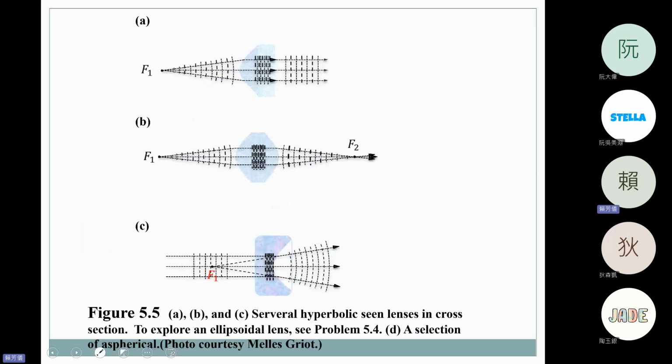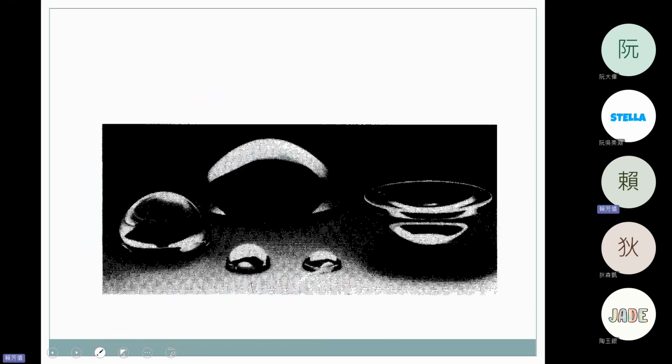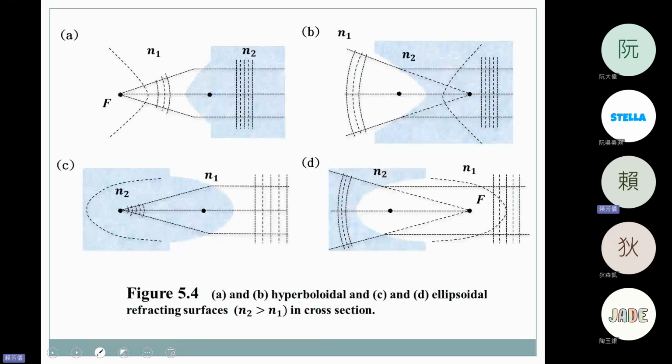Okay, so if we use the hyperboloidal and the ellipsoidal surface, then we can form a perfect image. But I think you have heard that the mirror or the lens is called a spherical mirror or spherical lens.